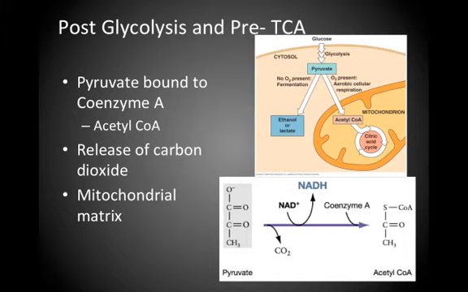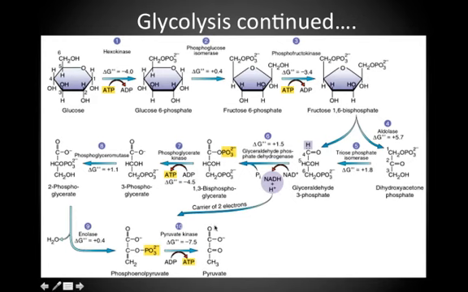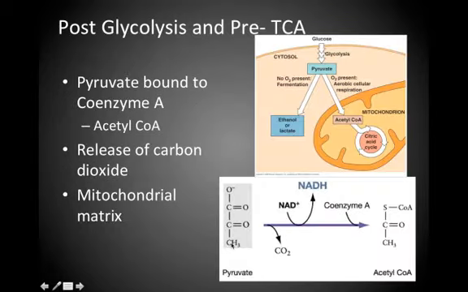Now we're getting to some reactions called post-glycolysis reactions, or pre-TCA. These reactions happen between the end of glycolysis, where you have two 3-carbon pyruvate molecules, and before you really get into the citric acid cycle.